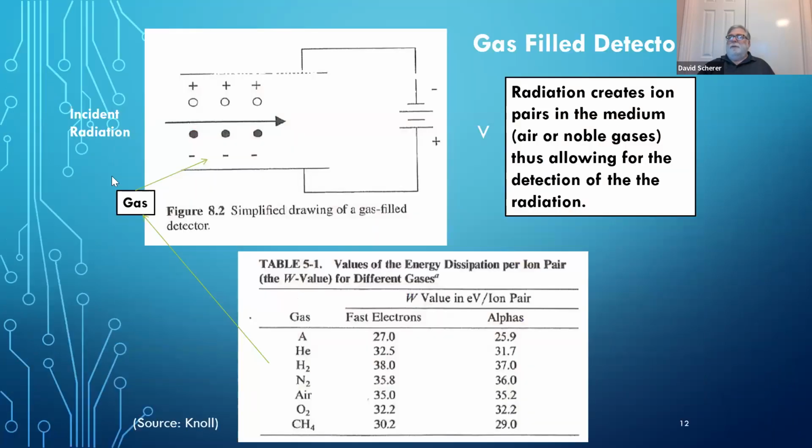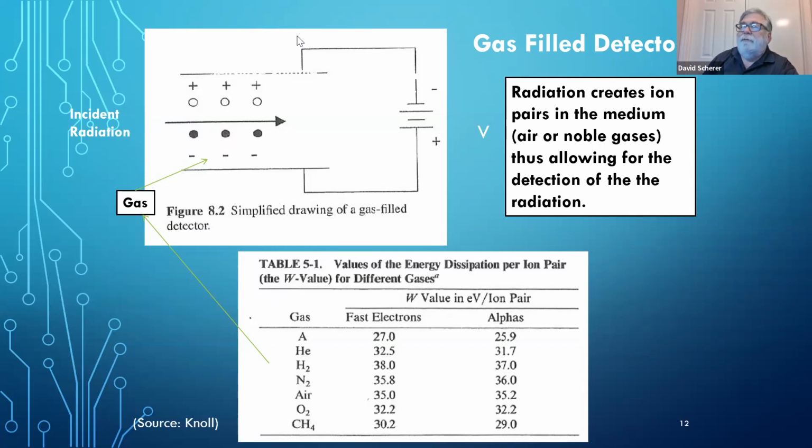Here's an illustration on the top of a sort of ideographic picture of a gas flow detector. As radiation passes through the sensitive volume with the gas, it ionizes the gas. Some electrons are released, and then the remaining ions are left.